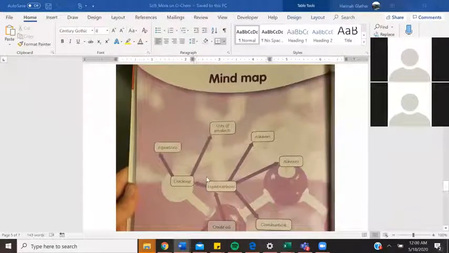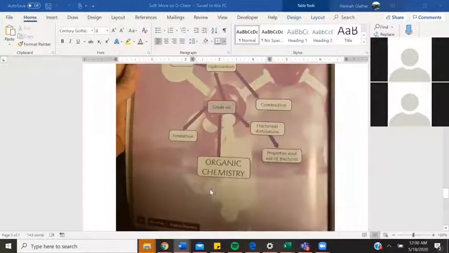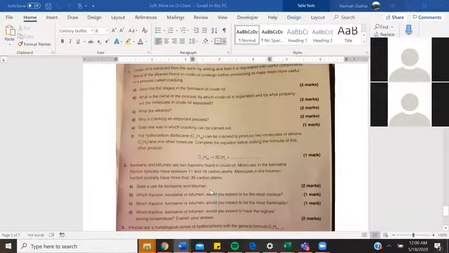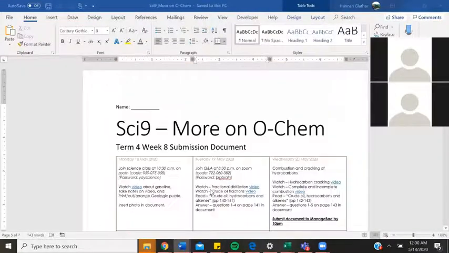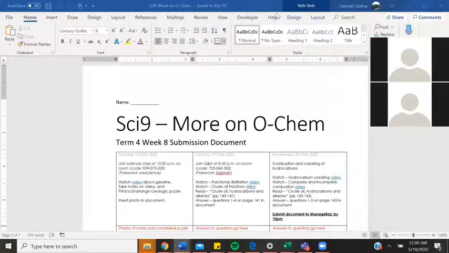And then hydrocarbons, we talked about this a lot last week with the alkanes and the alkenes. There's also alkynes, but we mainly worried about these two. Combustion, they're reacting with oxygen, and cracking is how we can break it. So we'll answer these questions next week, but there's a look for you if you want to get started on them. Do you guys have any questions for me?